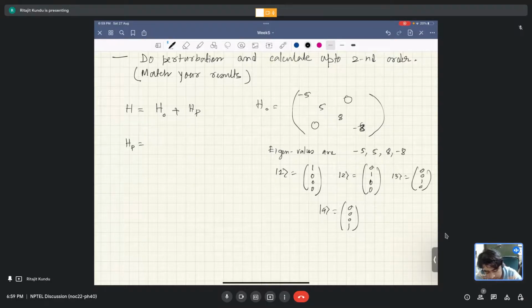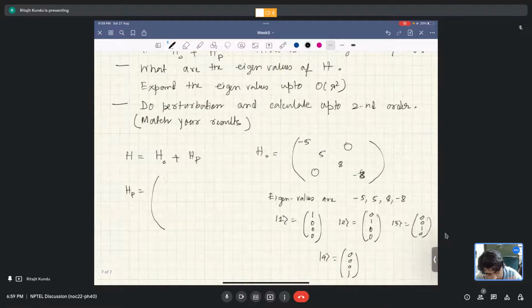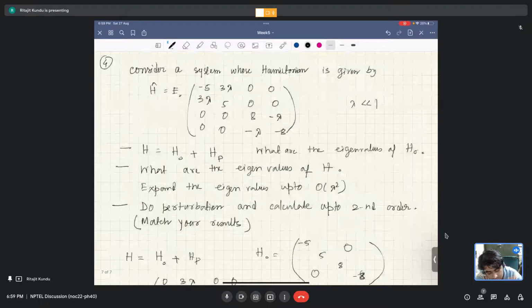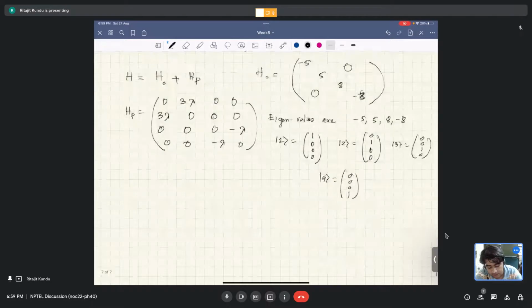HP in this case is given by 0, 3 lambda, 3 lambda, 0, and then 0, minus lambda, minus lambda, 0 in the other block.